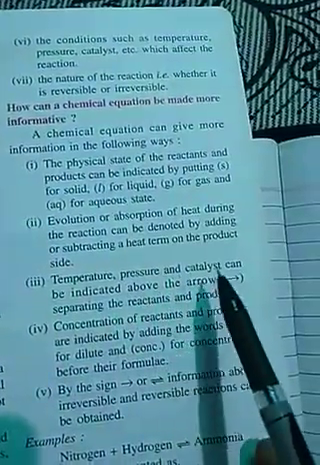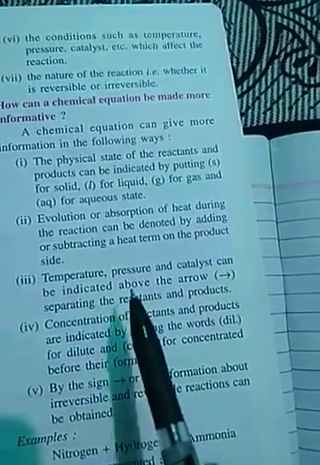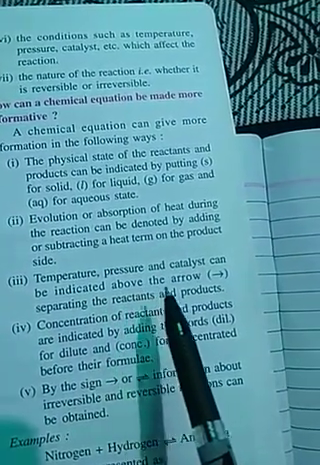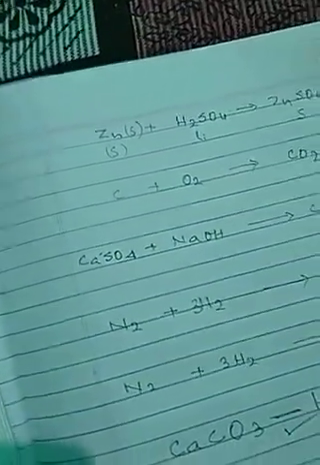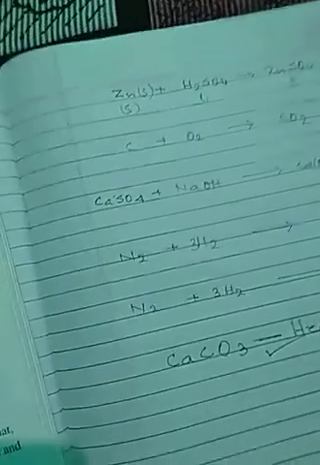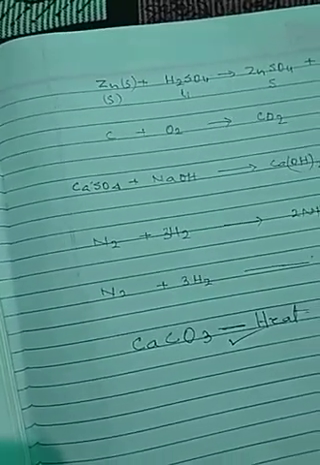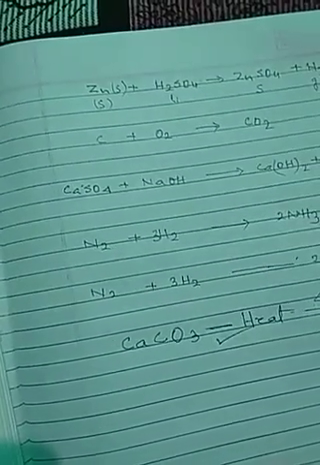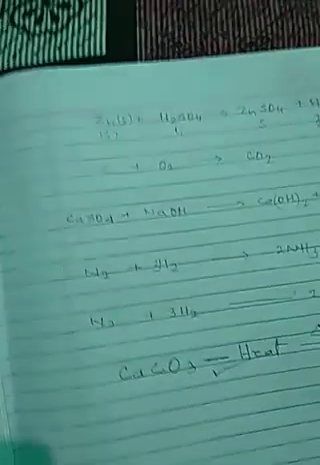Then temperature, pressure and catalyst can be indicated above the arrow. Here, what is a catalyst? It is a chemical substance which is used to either increase or decrease the rate of reactions.